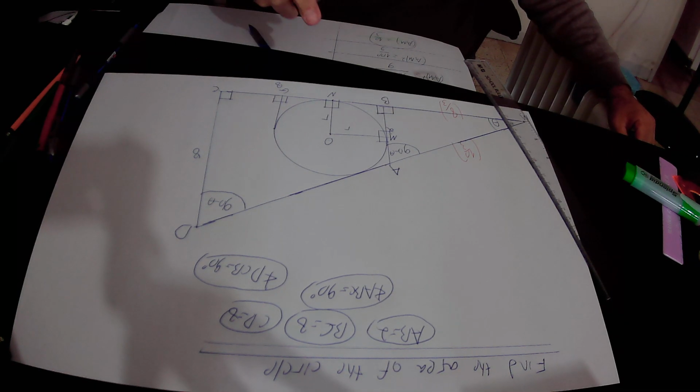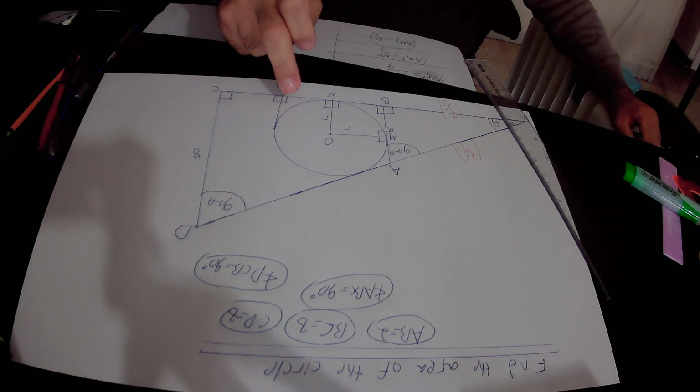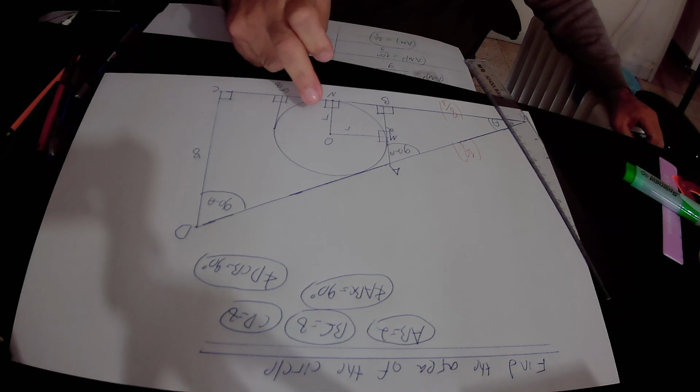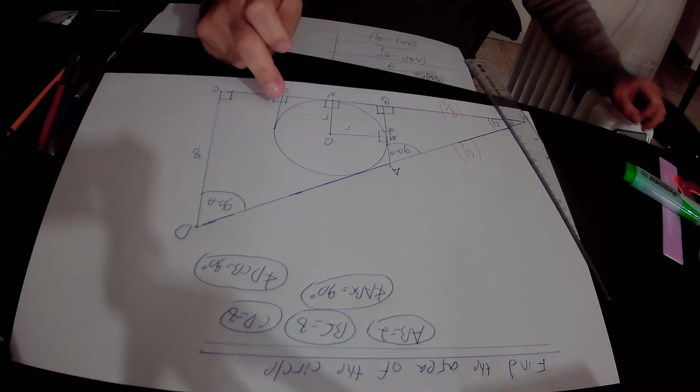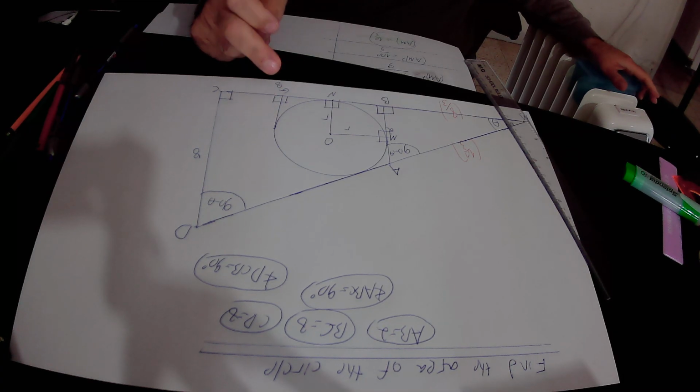Actually, here it is absolutely possible to draw a perpendicular on BC in such a way that it will also be tangent to the circle here. Why? Because at the furthest point from the center here, at that point, the perpendicular will be tangent to the circle.